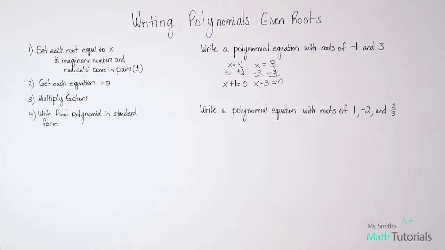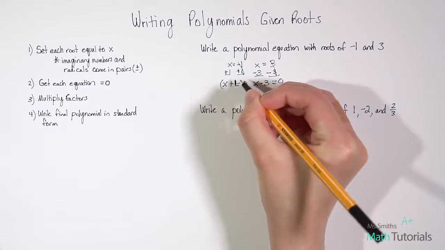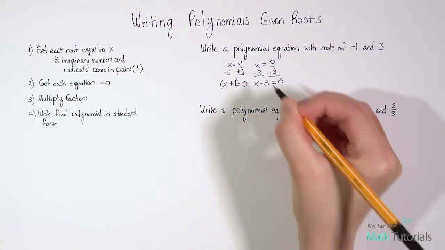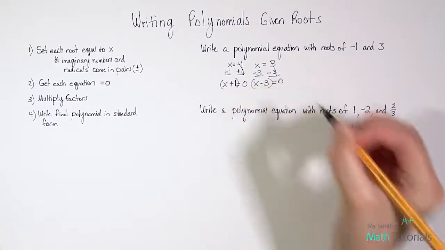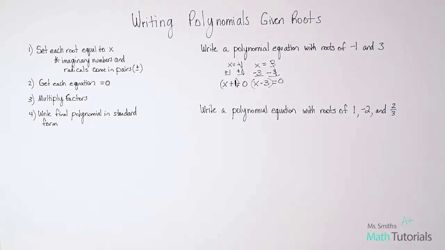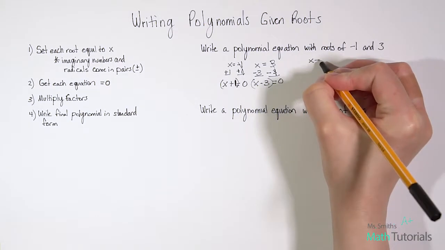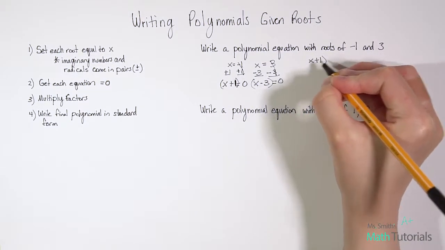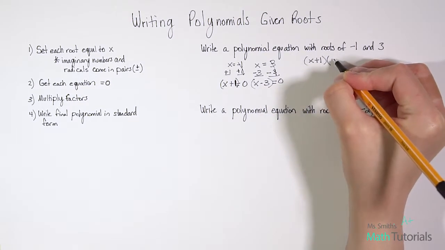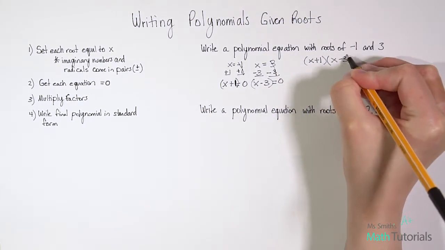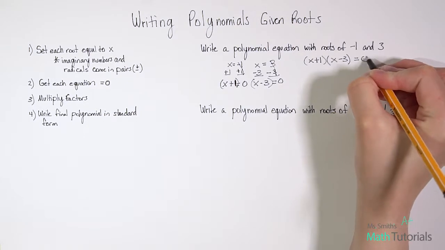So now we want to move to step 3, multiply the factors. Our factors are right there, x plus 1, and right there, x minus 3. So we want to go ahead and multiply those factors together. So we've got x plus 1 times x minus 3, and they equal 0.